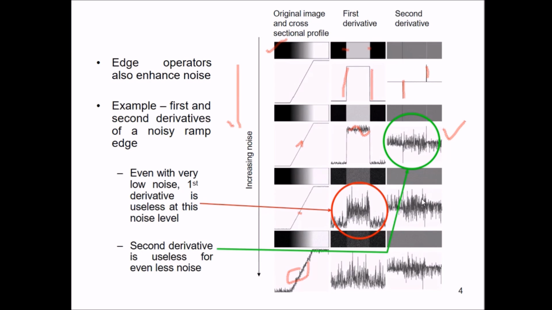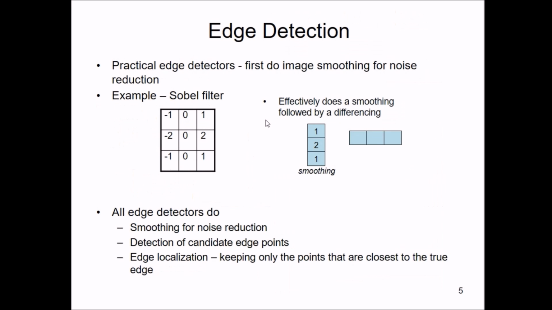We cannot use it, and for the second derivative, there is no question about it. So we have seen the first and second derivative of a noisy ramp edge. Even with very low noise, the first derivative is useless at this noise level, and the second derivative is useless even for lesser noise. Even for the first level of noise, it is unusable. So these are the problems.